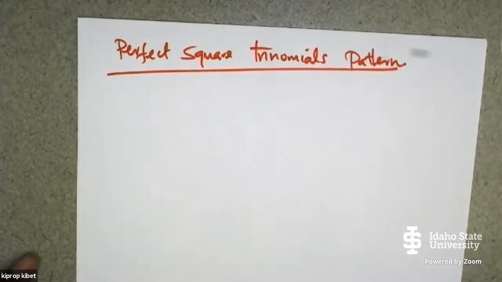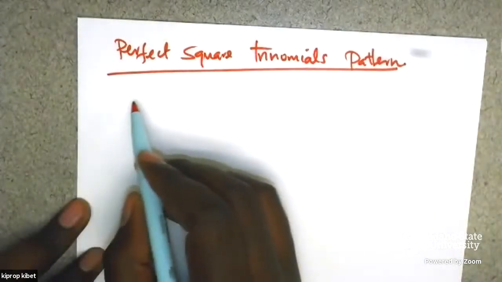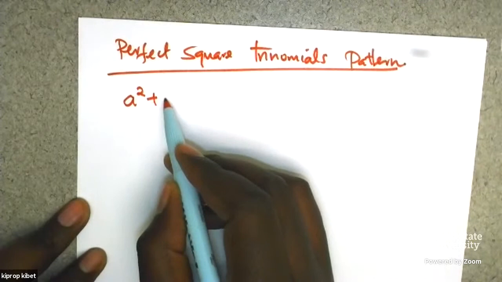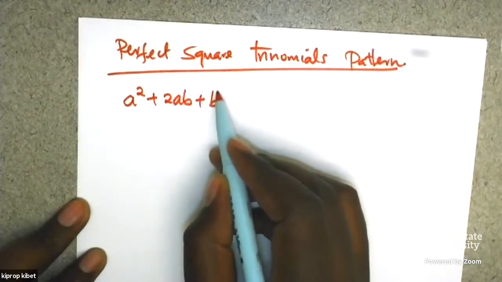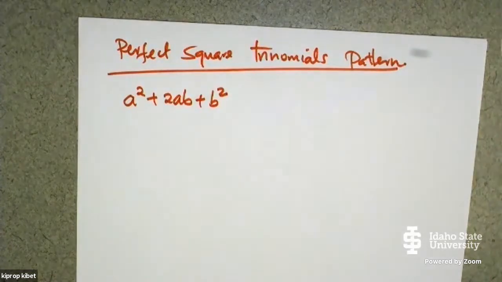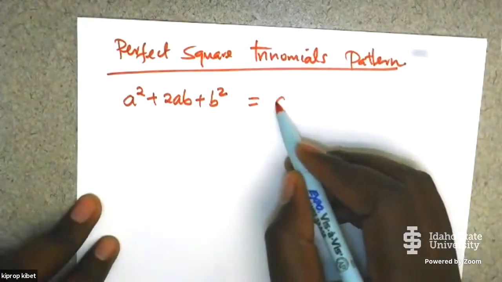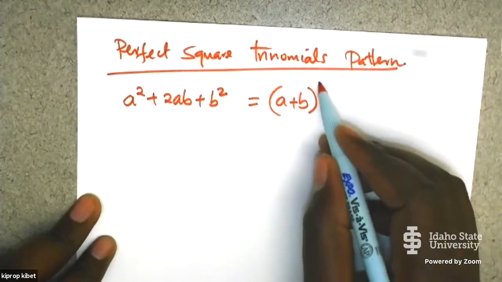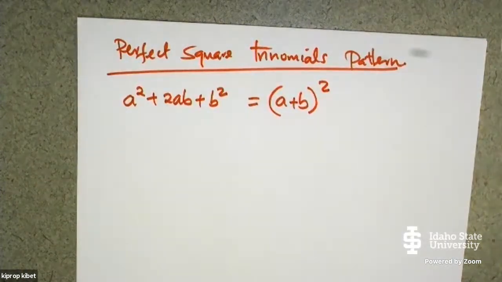Now, if we have the trinomial a squared plus 2ab plus b squared, then this is similar to a plus b squared.